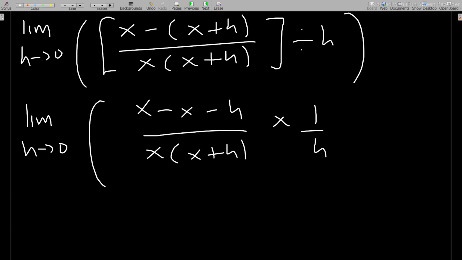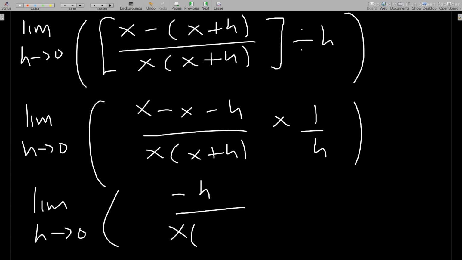If you remember, when you are doing division by a fraction, this is what you do. Okay, this is how this whole thing will turn to multiplication for us to be able to do it. Okay, so you get limit as h approaches 0 of x minus x is 0, so I have minus h over x into x plus h, times 1 over h.